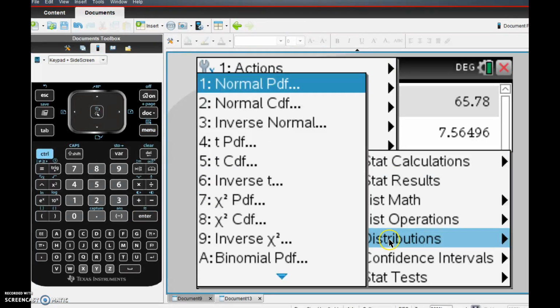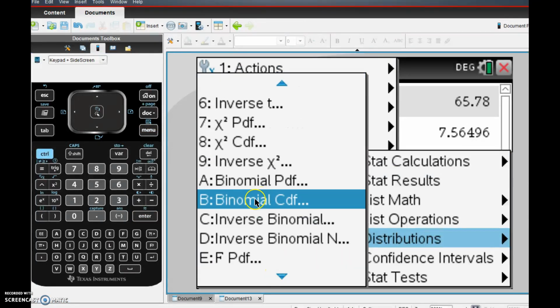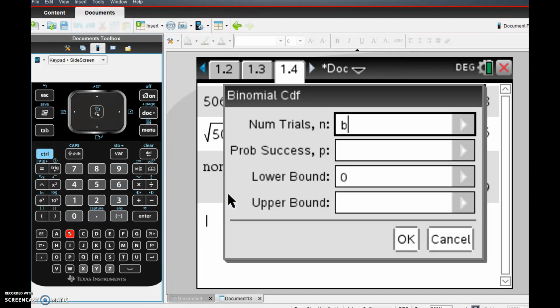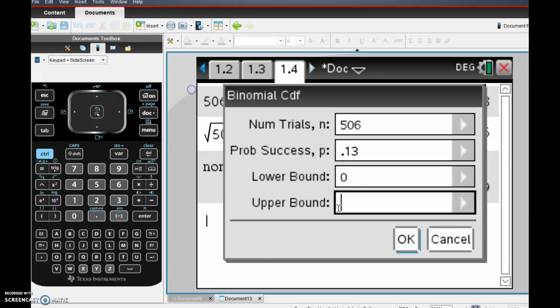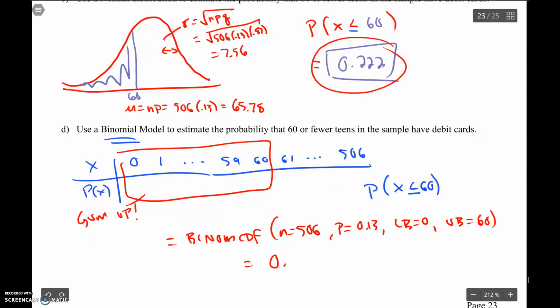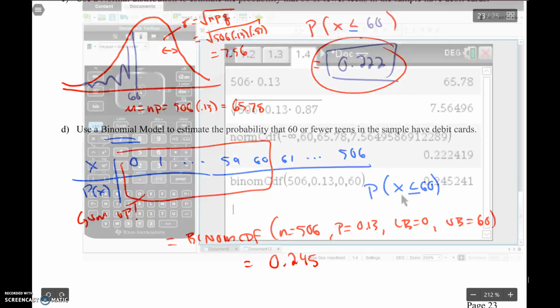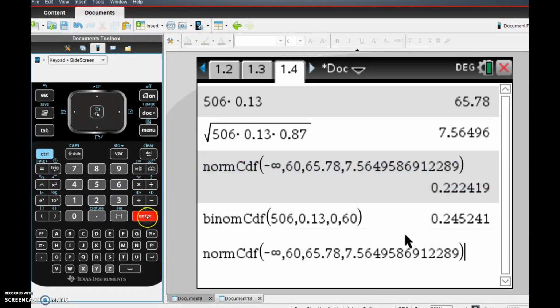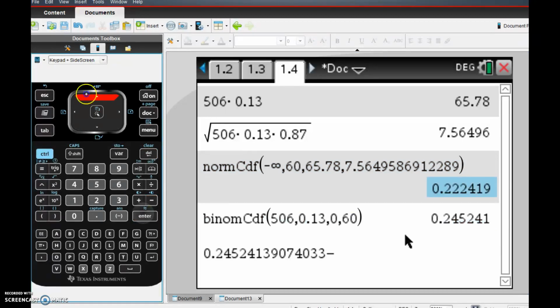Statistics, distributions, now go down to your binomial CDF. Number of trials, 506. Probability of success, 0.13. Lower bound 0, upper bound 60. 0.245. So what's my error? That minus that.